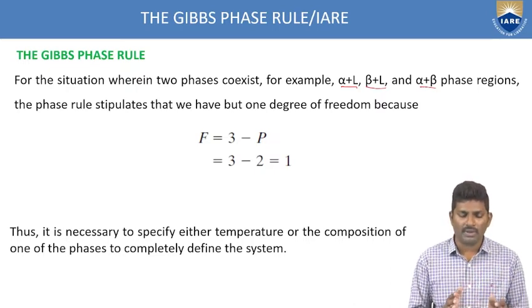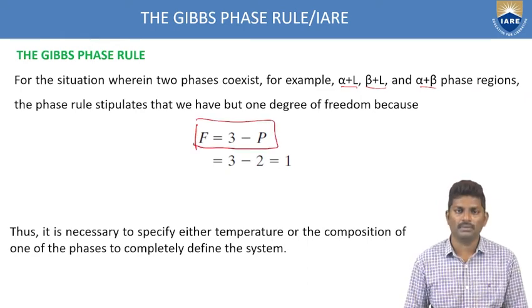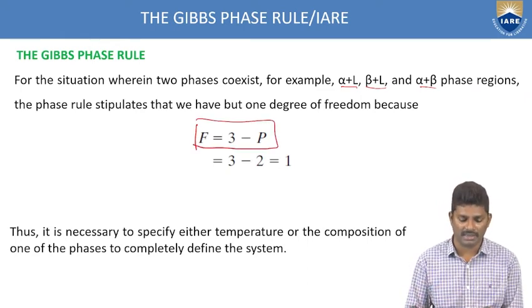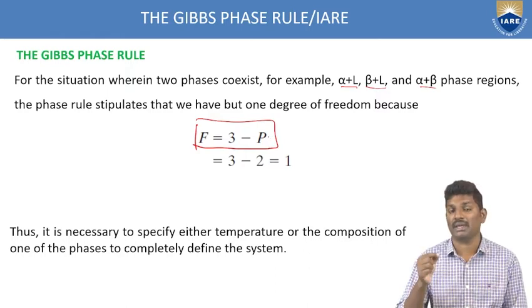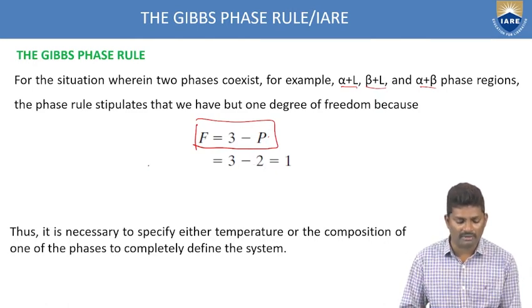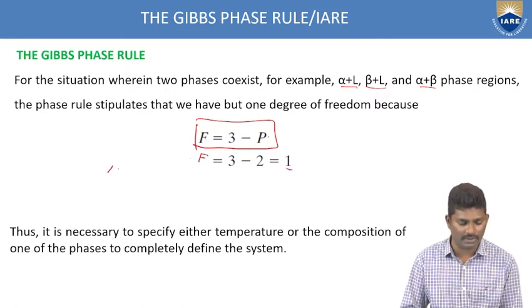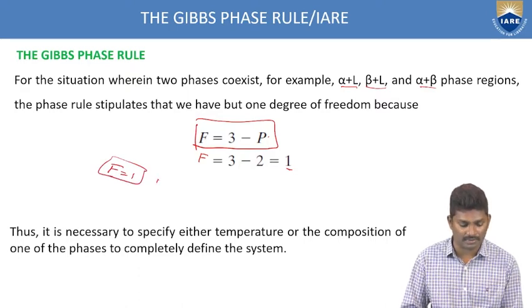So the same f is equal to 3 minus p. In this case, phase is represented by p. In the previous case, it is a single phase. That's why we took p as 1. Now, since it is a two phase system we are considering here, we take p as 2. So what we get here is f is equal to 1.